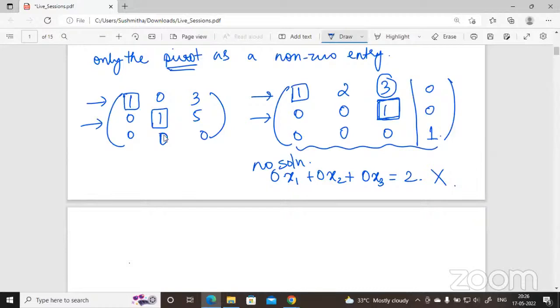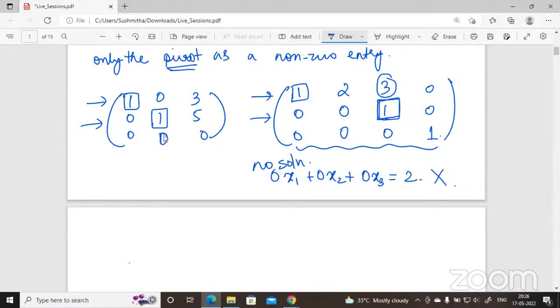Ma'am, the right side matrix, is it in row echelon form? Yes, it is in row echelon form, but it is not in reduced row echelon form, right? Okay, in case we swap the second and third row, then? It will not be in row echelon form itself, right?